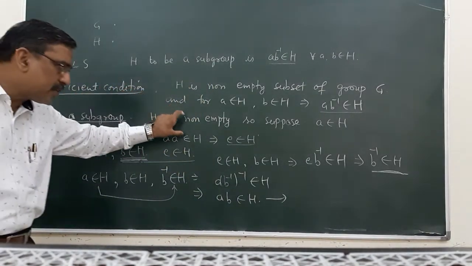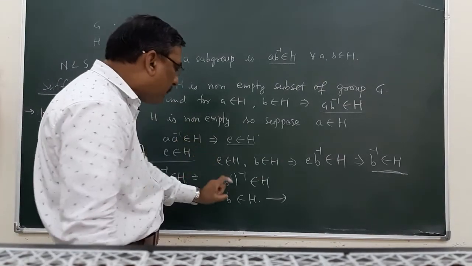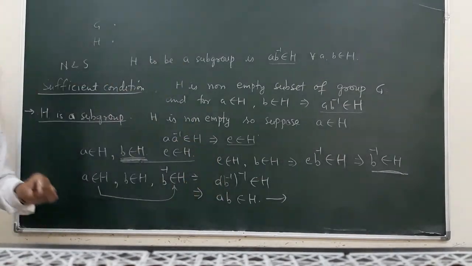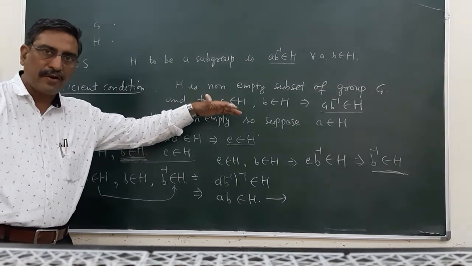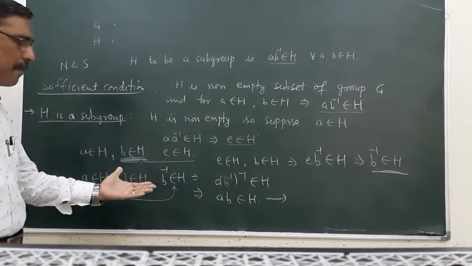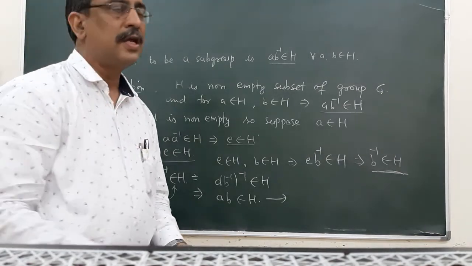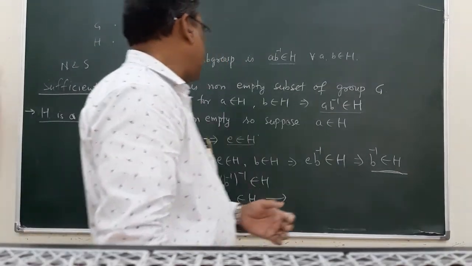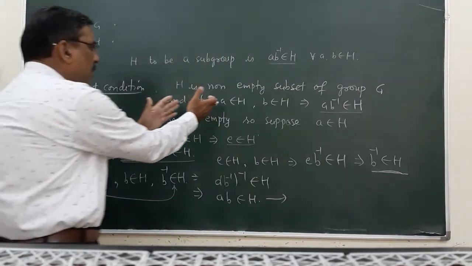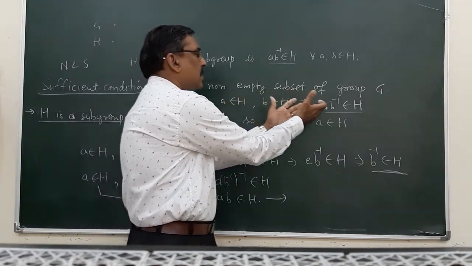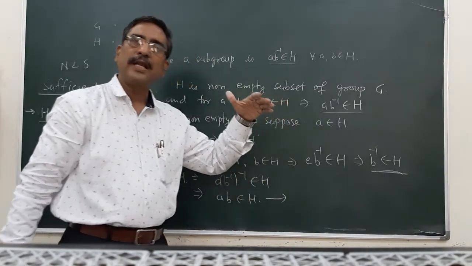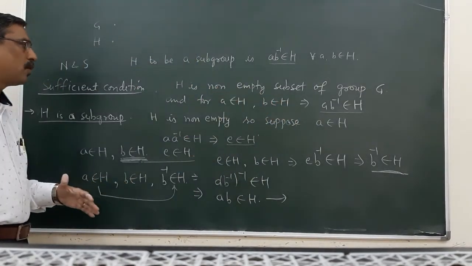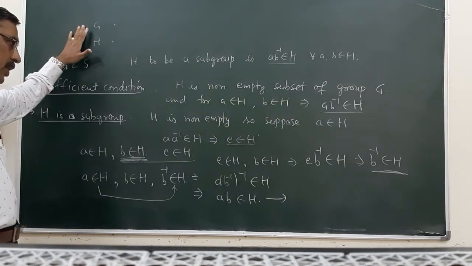So identity exists, inverse exists, closure property holds good, and for these members associative property automatically holds. Thus we can say if a belongs to H, b belongs to H, a b inverse belongs to H, then H will naturally be a subgroup of the group G.